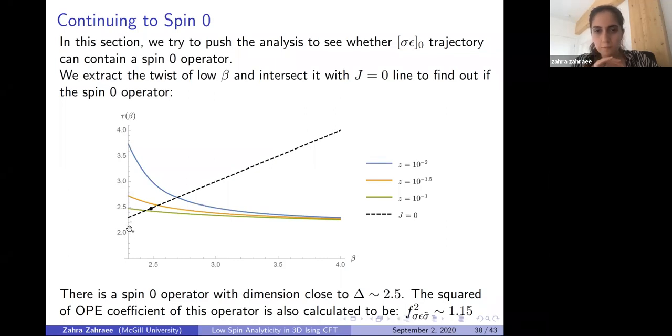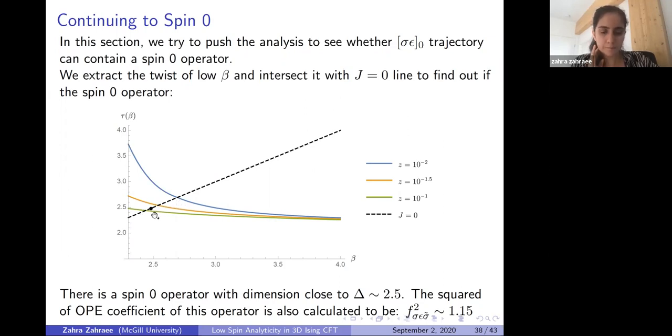Again, the stability would be moderate, similar to the intercept. It wouldn't be as good as the intercept, as good as the stress tensor. By crossing the curve tau beta with a J equals 0 line, we find out that all of the curves include a spin 0 operator.